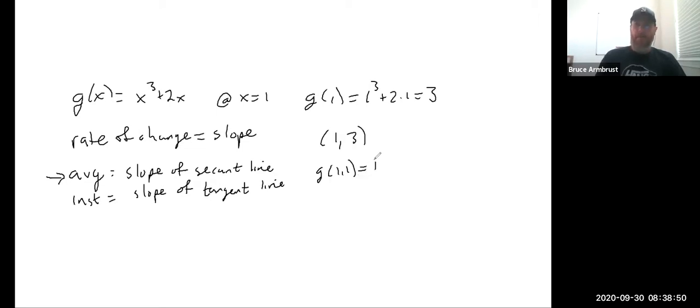But if I plug that in, I get 1.1 cubed plus 2 times 1.1. This ends up being 1.331 plus 2.2, which is 3.531. So there's another point on our graph that's (1.1, 3.531).